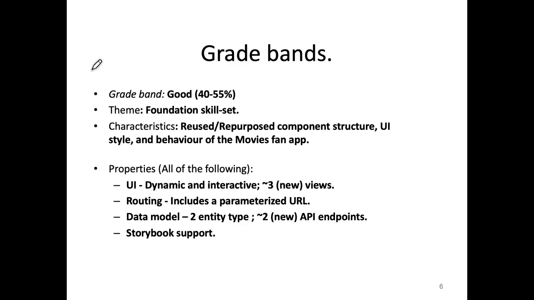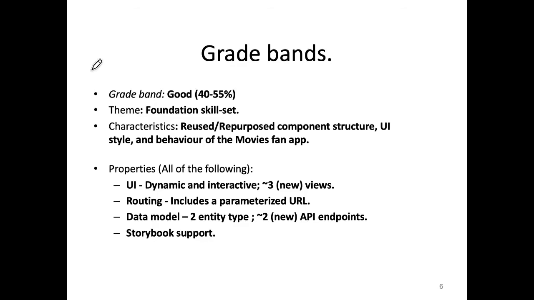Now, more than likely, in this grade band, you are extending the movies app. Maybe not. It may also apply to option 2, where you're using the point of interest backend and developing a React app for that. But maybe the look and feel of the React app is very similar to the movies app.